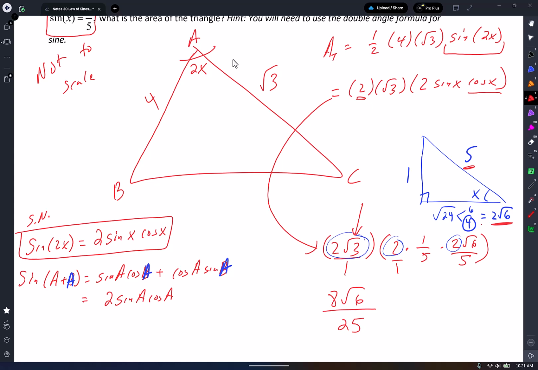Yeah, what's square root of 3 times square root of 6? Square root of 18. And then 18 breaks down. Relax, we're fine. 9 and 2. What's the square root of 9? 3. What's 8 times 3? 24 root 2 over 25. Yay, we did it, guys. We did it.